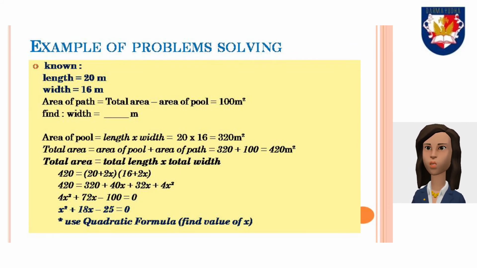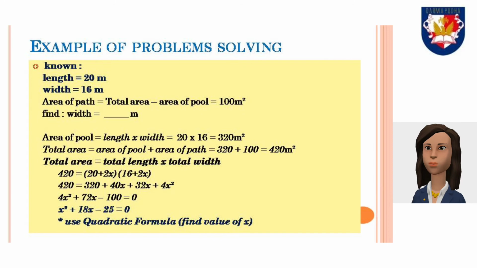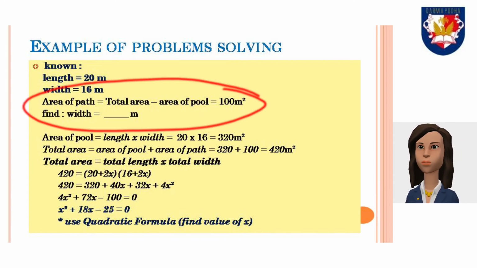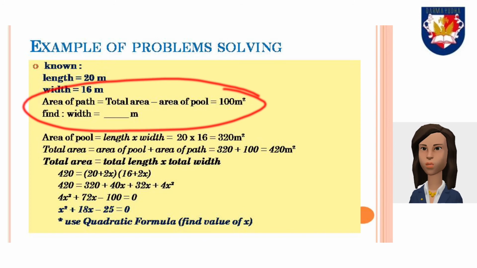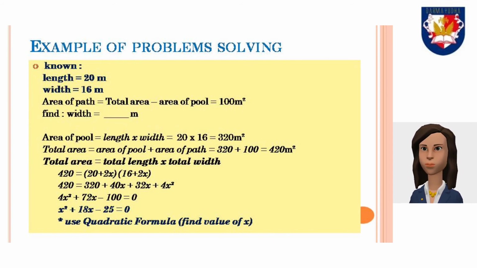Okay, to solve the question, first write the known. The length is 20 meters, the width is 16 meters, the area of the pad is the total area minus the area of the pool, which means 100 meters squared. Find the width in meters.